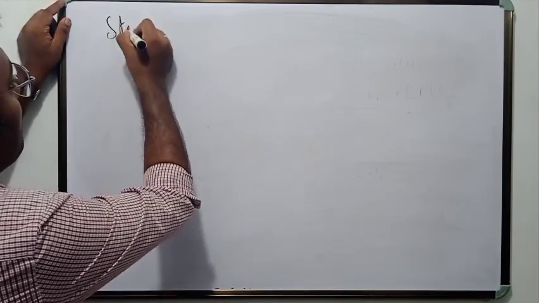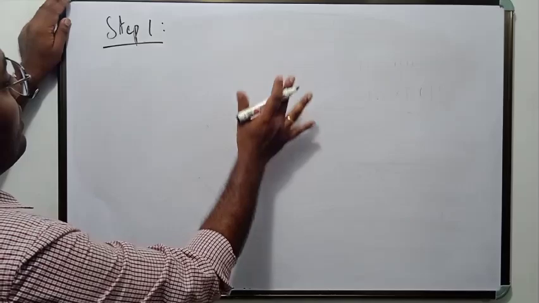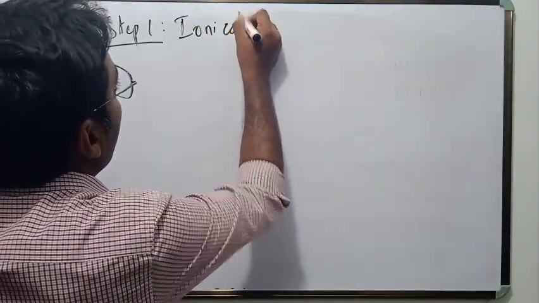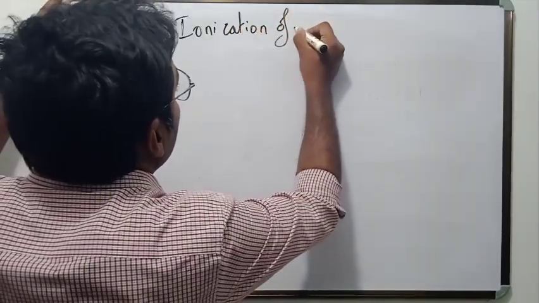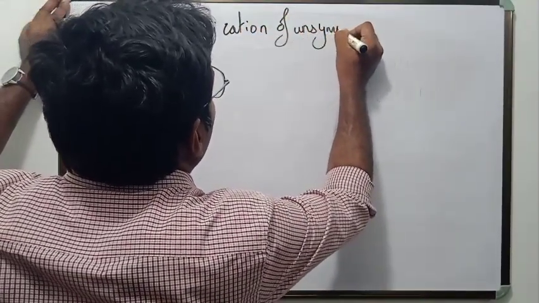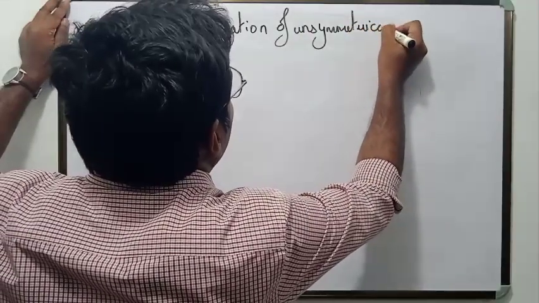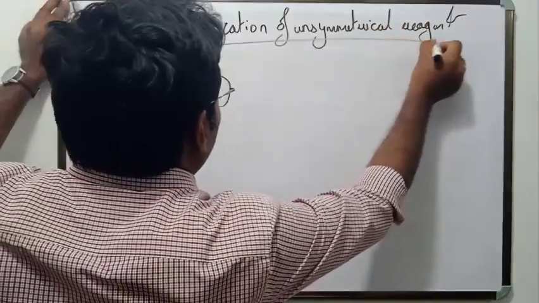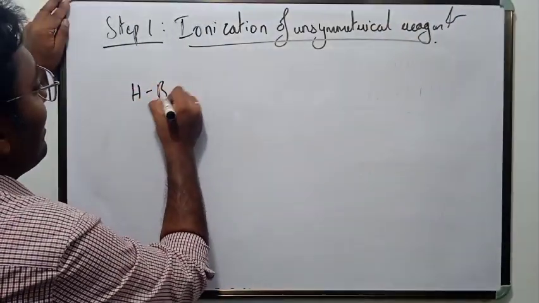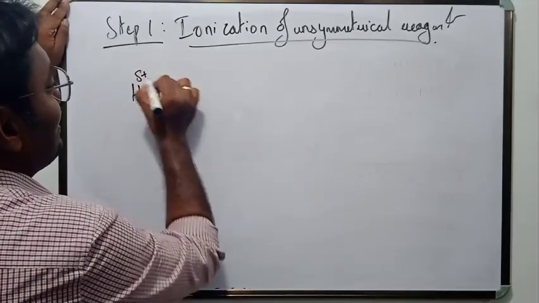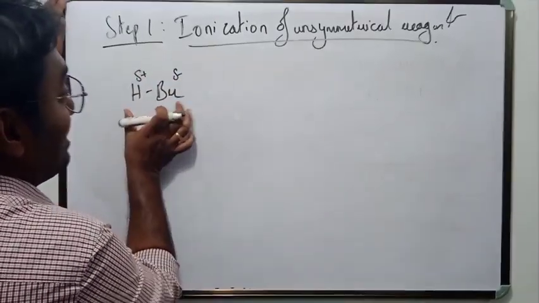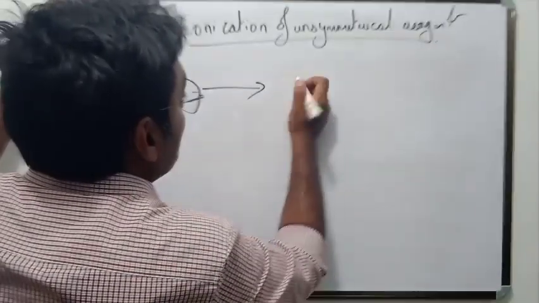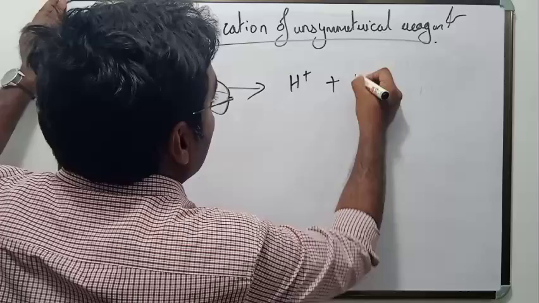Step number one is ionization of unsymmetrical reagent. What is the unsymmetrical reagent here? Correct, HBr. This is positive, this is negative. I already said that there is a dipole in this, and the dipole is sufficient for it to get dissociated.